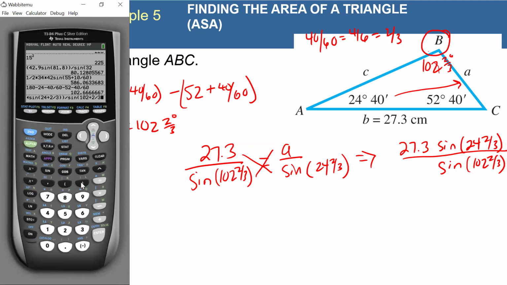Notice every time I say and, I have to put a plus sign. And we get that the value of A is approximately 11.678. 24 and 2/3 in the calculator is 24 plus 2/3. Anytime you say and, that means it deserves a plus in the calculator.